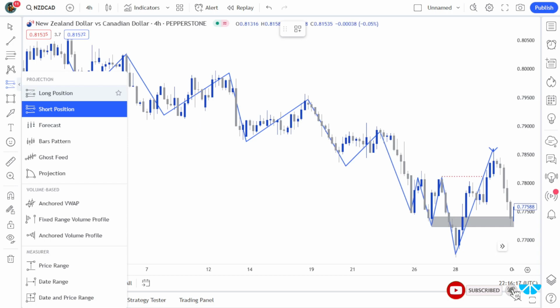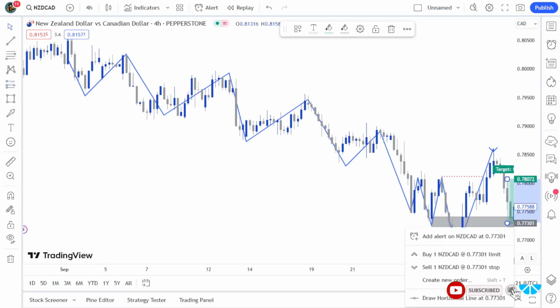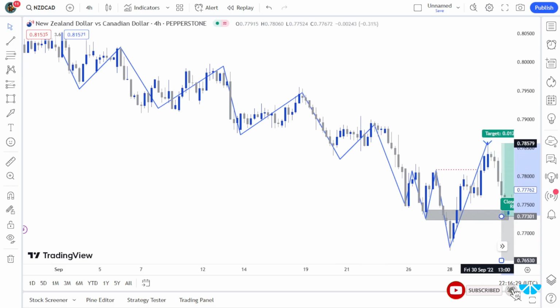Now, we place our buy positions there. TP at the first valley, the deepest valley, and stop loss below the middle peak. Now let's see how this trade plays out.